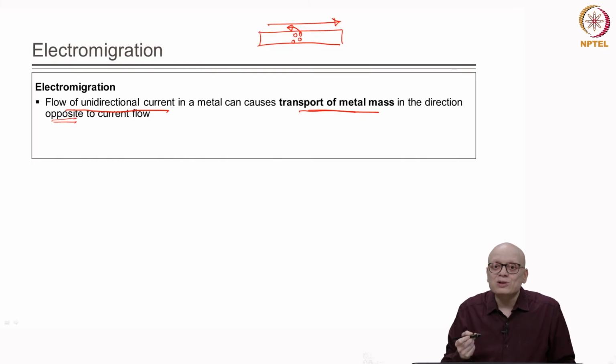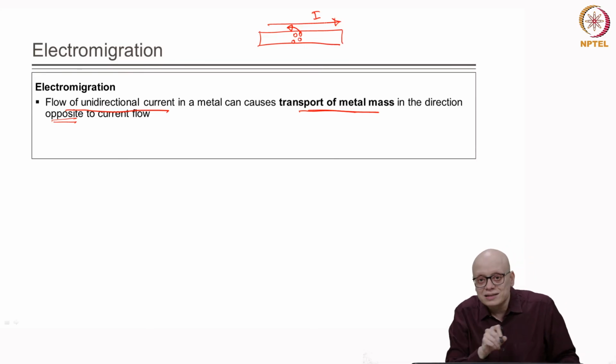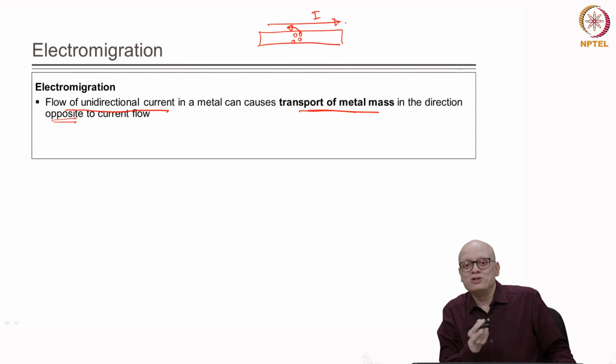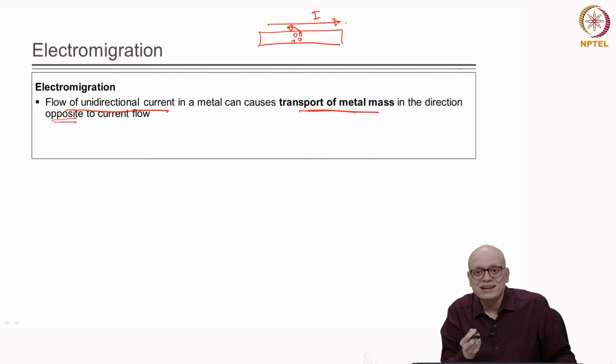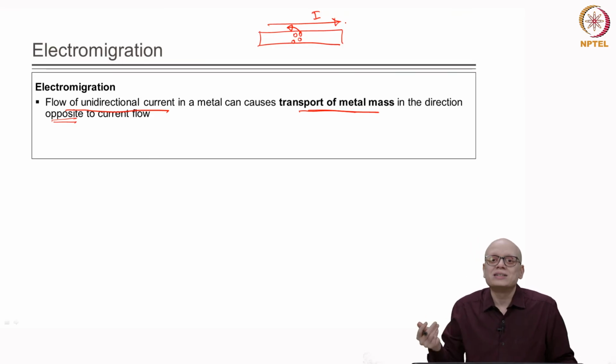This happens because an electron we can also consider as a particle, and it carries some momentum. When the conventional current is in the direction shown, the electrons are actually moving in the opposite direction, because the electron carries negative charge, and its direction of movement is opposite to the conventional current direction.